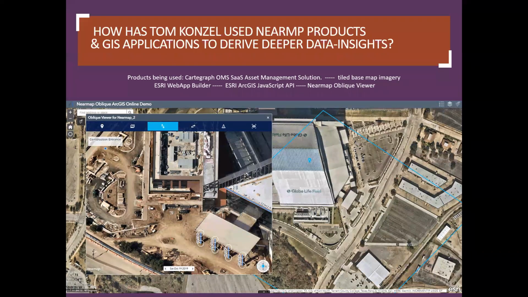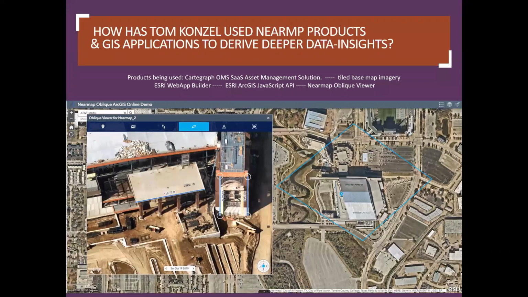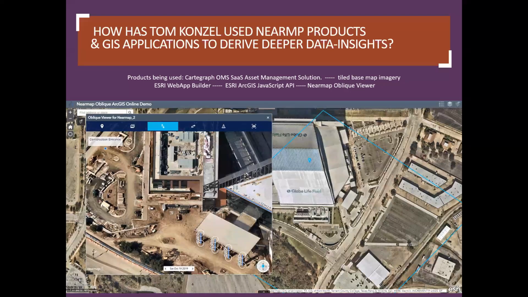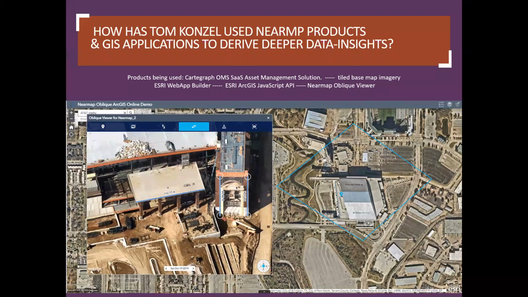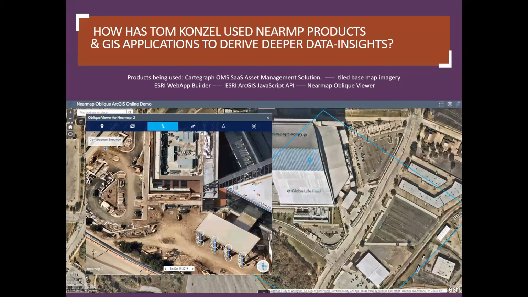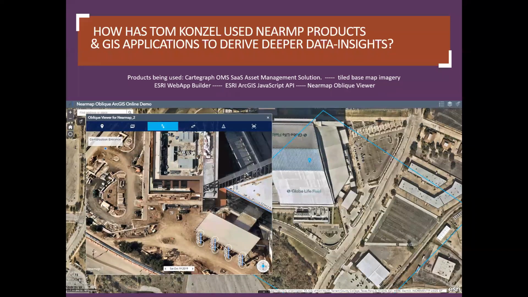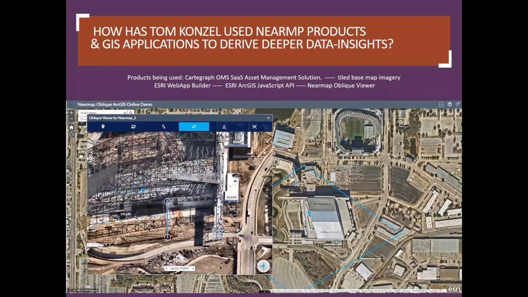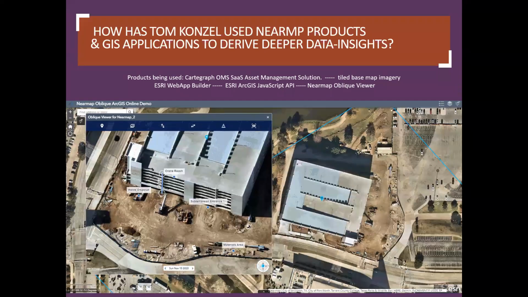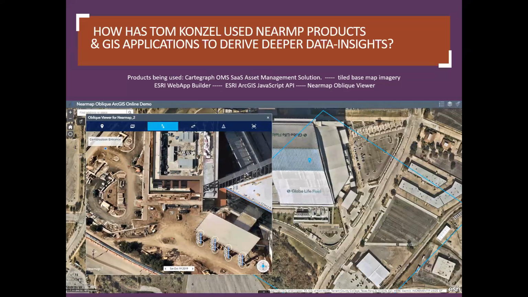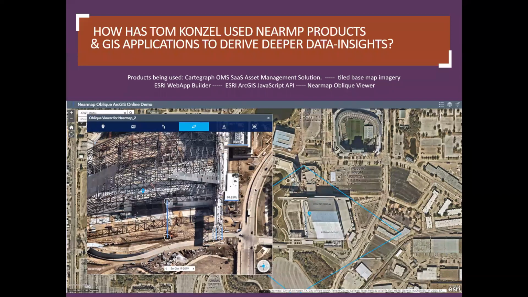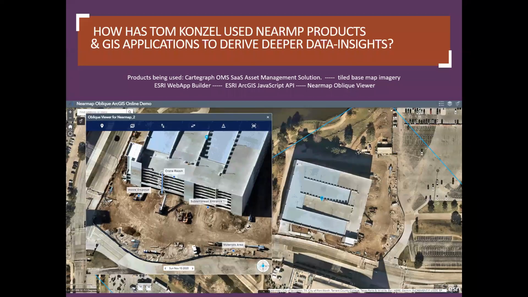Okay, so I think there are a few Cartograph users out there. We've downloaded one of the NearMap survey collections to our local servers and created a tile cache for Cartograph OMS for that system to use. So we can create tile-based image map services, but for Cartograph, those had to be stored on site.